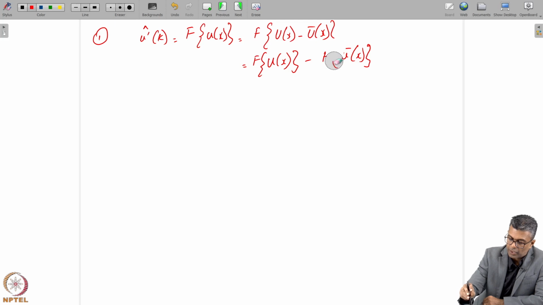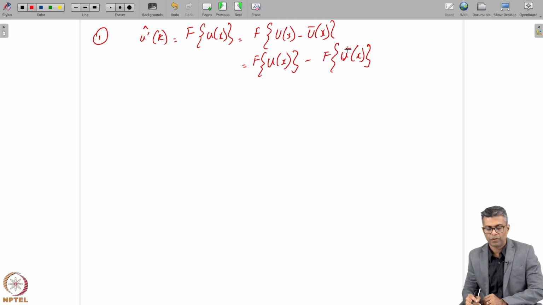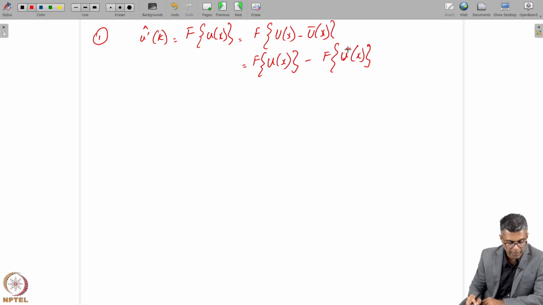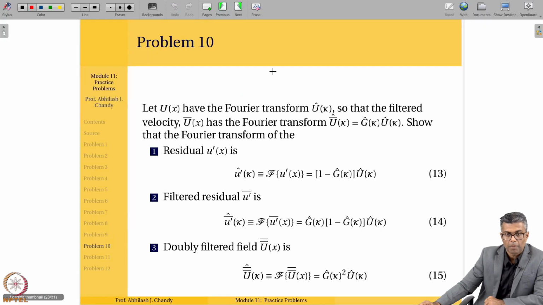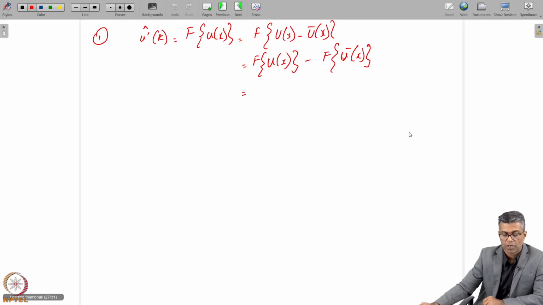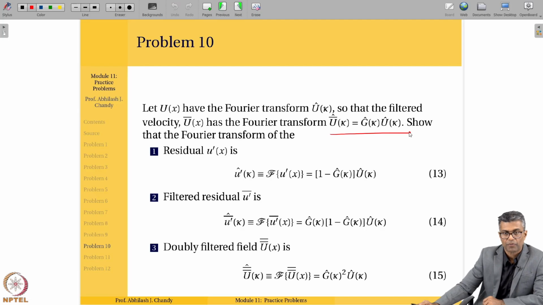I would like to put a double bracket where I'm taking the Fourier transform. So now this Fourier transform of the velocity by definition is the transfer function multiplied by u hat of kappa.